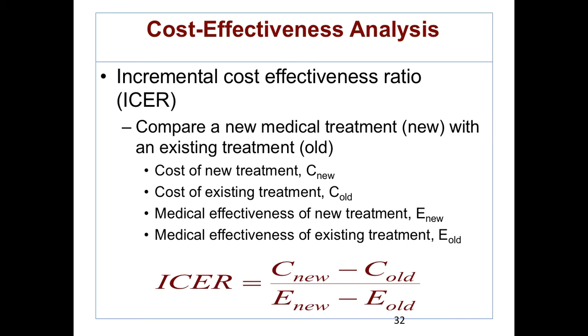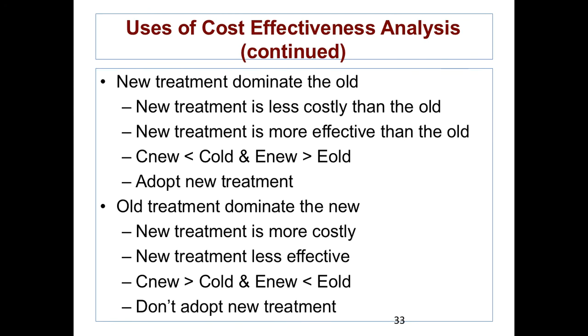So the incremental cost effectiveness ratio, usually called ICER, is equal to the ratio of the difference between the cost of the new and old treatment over the difference in effectiveness of the new and old treatment. This ICER ratio tells us if the new treatment is cost effective versus the old treatment.